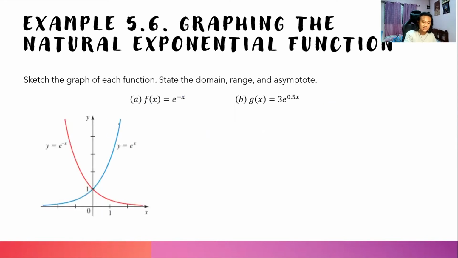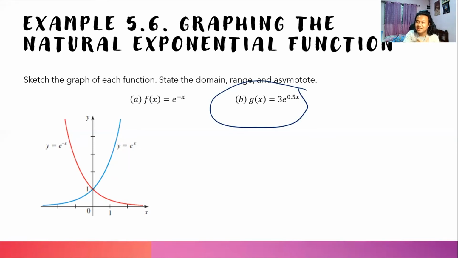For negative e to the x, you just reflect it across the axis. For other points, you can't find an approximation directly.